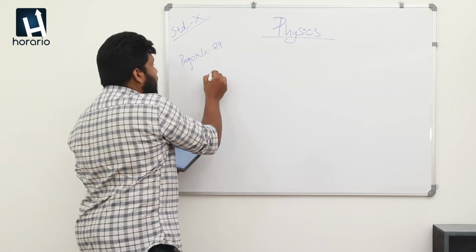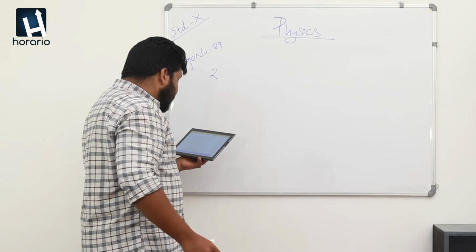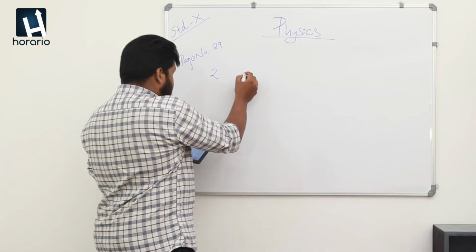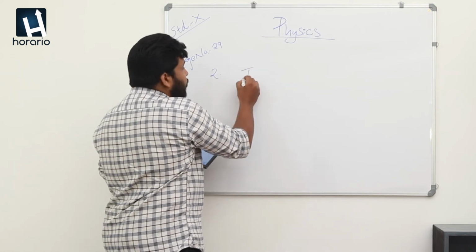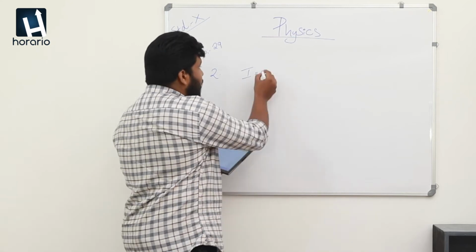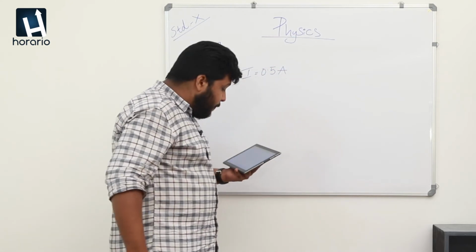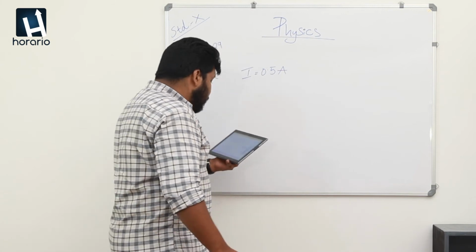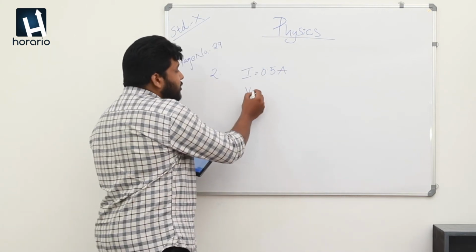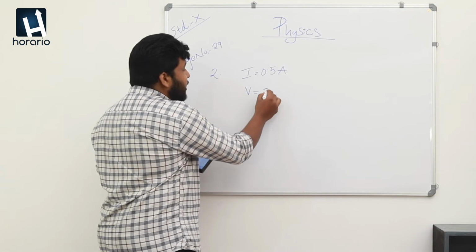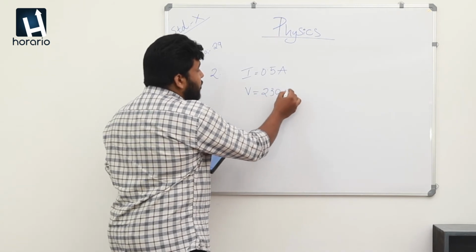Then let's assess page number 29, question number 2. And the given data are the current flowing through the circuit I is equal to 0.5 ampere and it's connected to a 230 volt supply, which means the voltage is 230 volts.